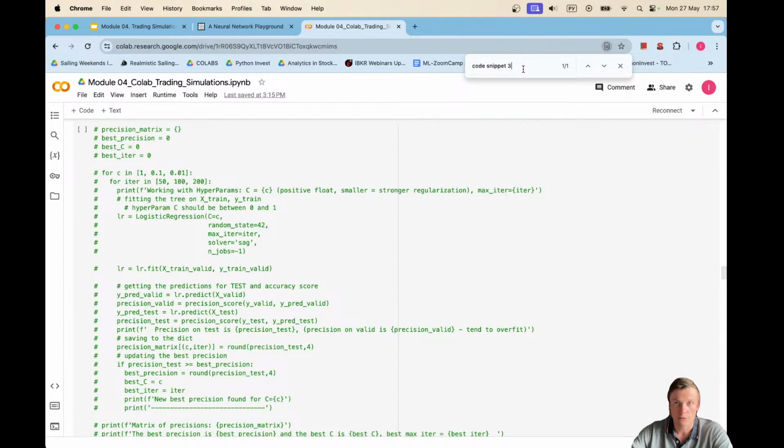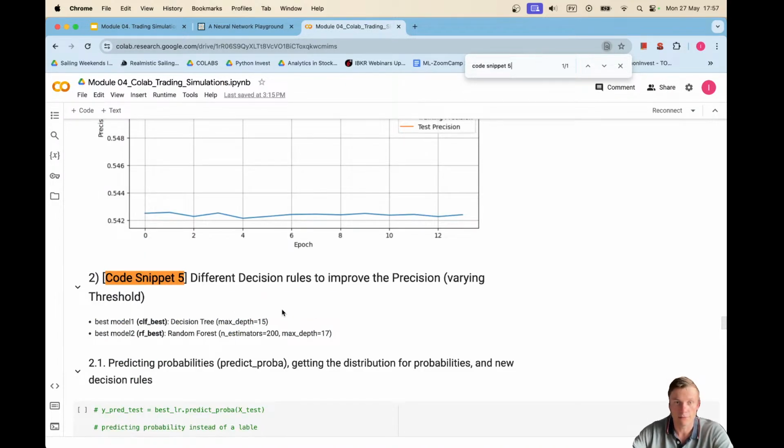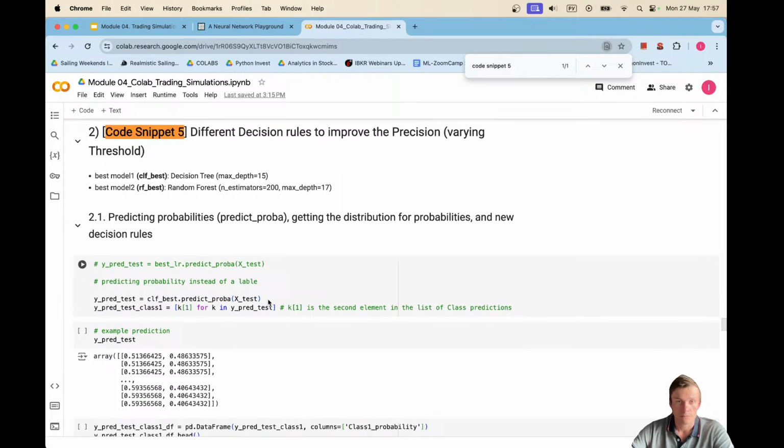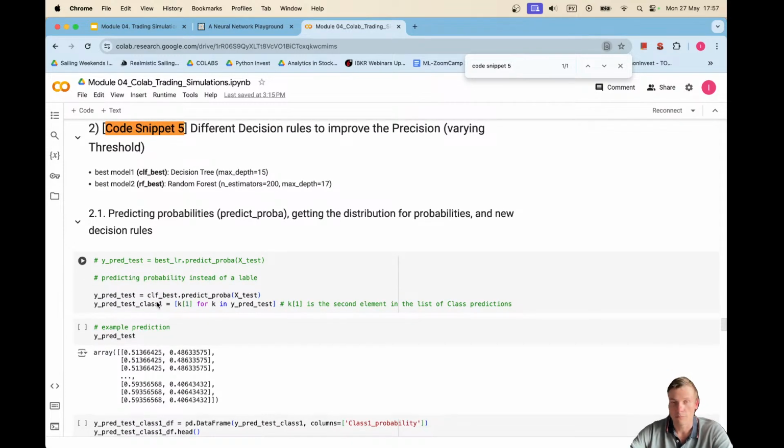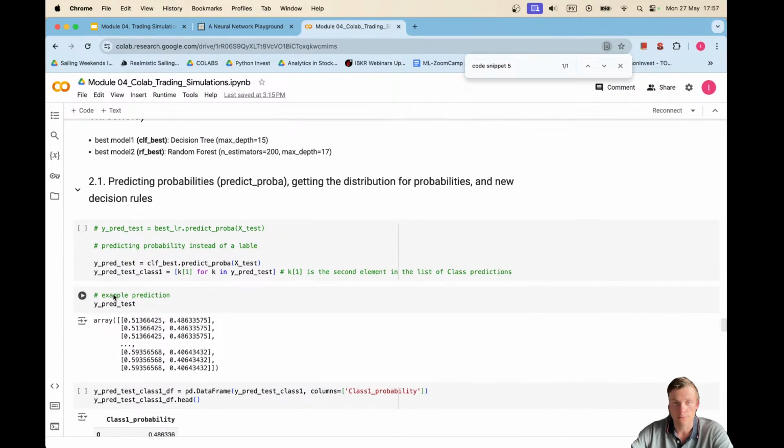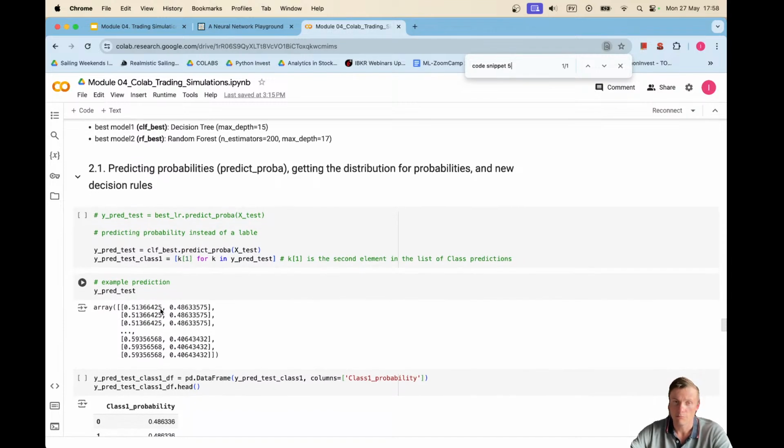So code snippet number 5. Here is what we do to get the predictions. Instead of predicting 0 and 1, we predict these pairs of probabilities for each observation, for each record. But what we actually need is only the second prediction, which is the prediction for class 1, or class optimal growth.